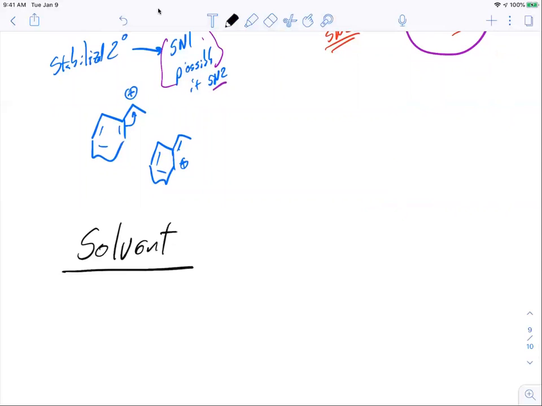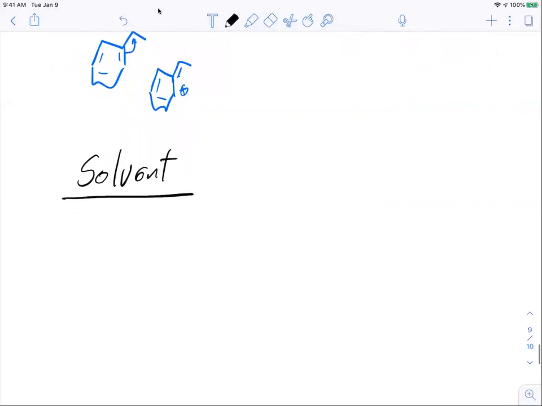So the other part of the reaction that we can modify is our solvents. Let's look real quick at how our solvents react with SN1 and SN2. For that, we need to look at the mechanism.